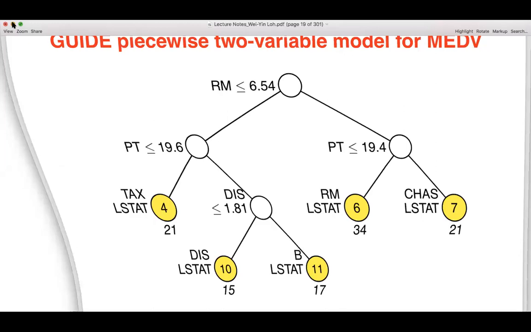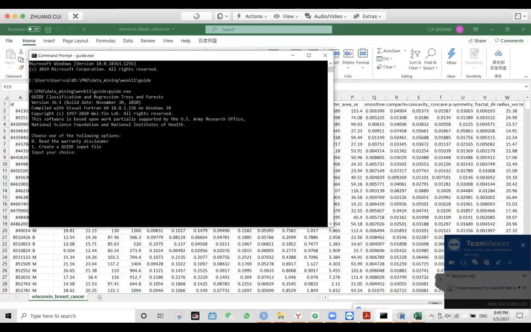I'm not so sure which screen you are seeing, but what I'm showing here is the GUIDE piecewise two-variable model. Oh, now I see your screen, yes. So is it clear?